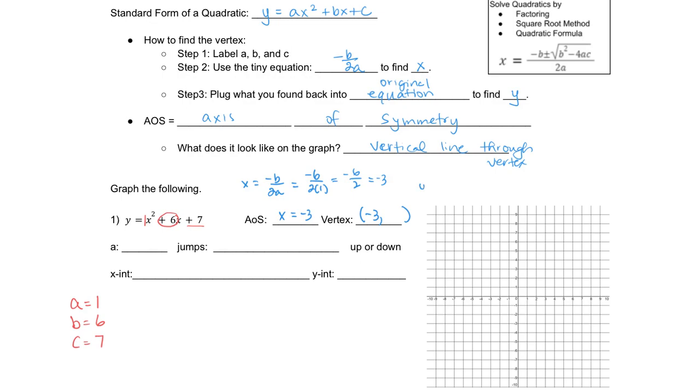So I'm going to have y equals x squared, so that's going to be negative 3 squared, plus 6 times negative 3 plus 7. And so you want to simplify that, so you can pause here and do that. And you will see that that is equal to negative 2. So what I do at this point is I start and I plot that point right away.